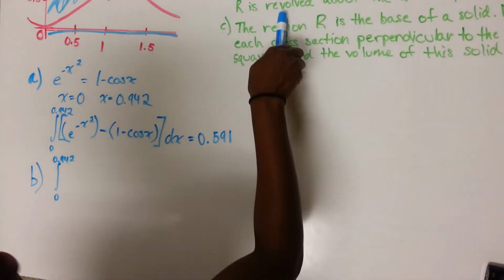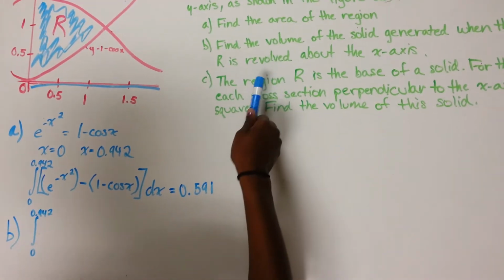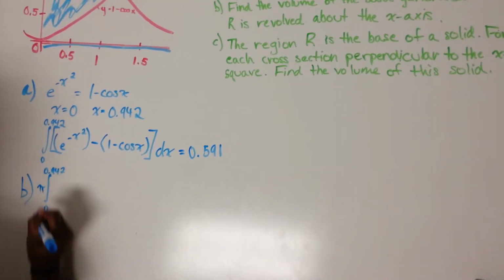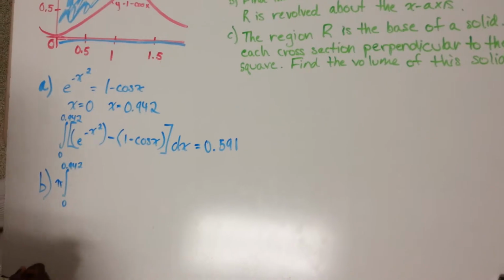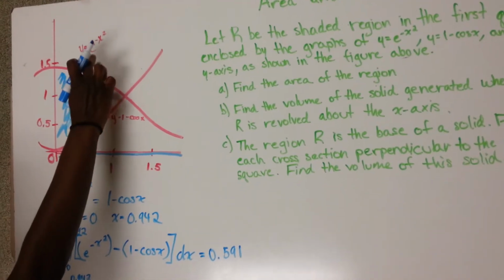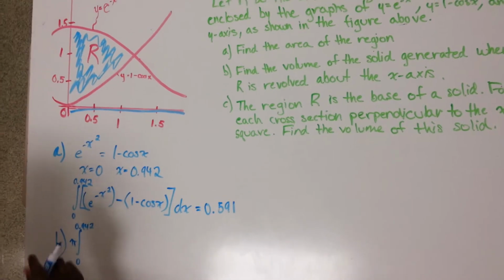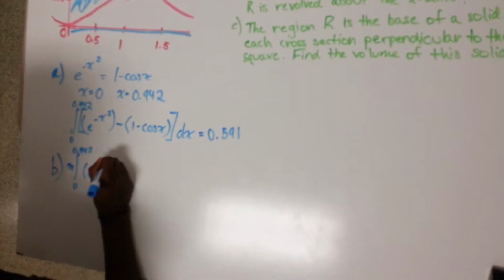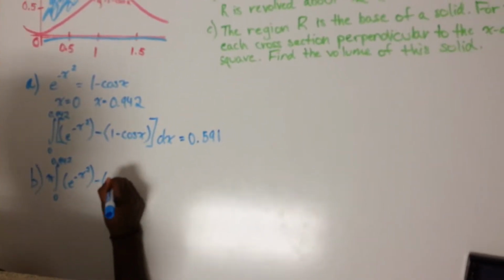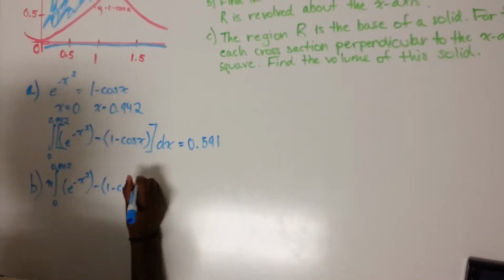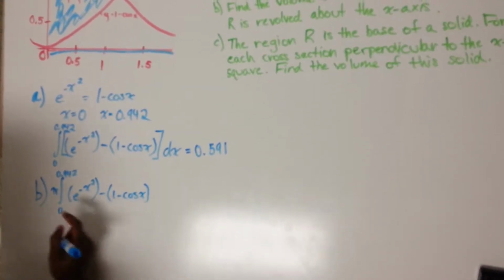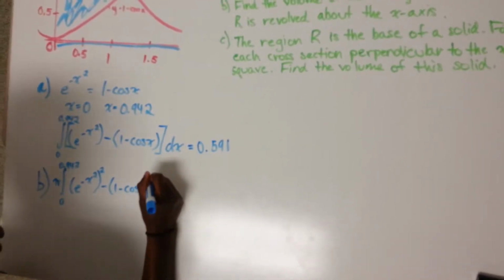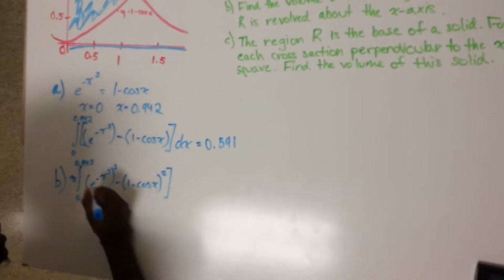Now, it says revolved about the x-axis. When anything is rotated and you're finding the volume, you always put a pi in front of the integral sign. And the e to the negative x squared is still on top. So you do the same equation, and because once again it's rotated in volume, you square each equation.